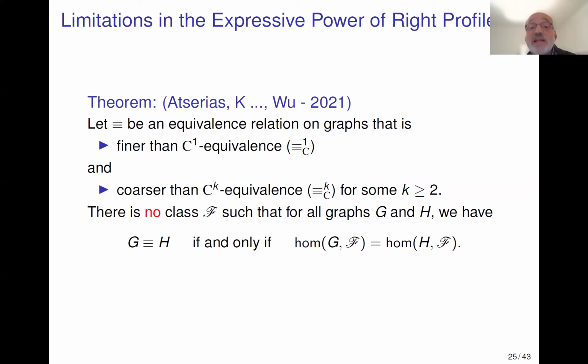For every such equivalence relation, there is no class F so that you can capture it by restricting the right profile to this class of graphs. So the right profiles are unable to capture any such class. In particular, they cannot capture CK equivalence, and we will see why they cannot capture cospectrality. So this reveals a limitation of what you can do with restricted right profiles. Before, with the left profiles, you could capture CK equivalence and cospectrality. This you cannot do from the right.